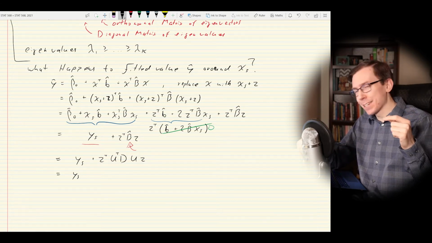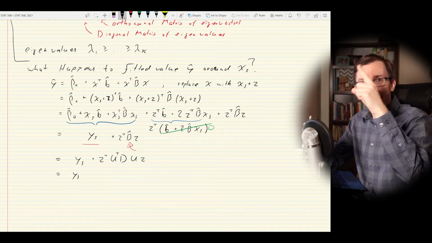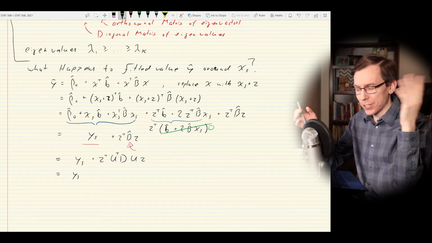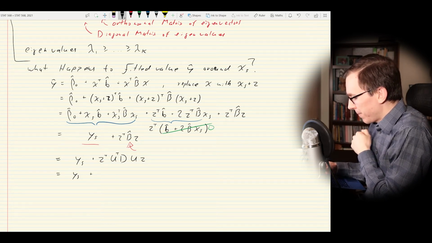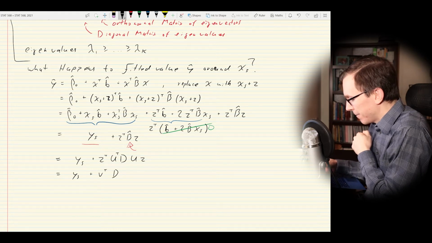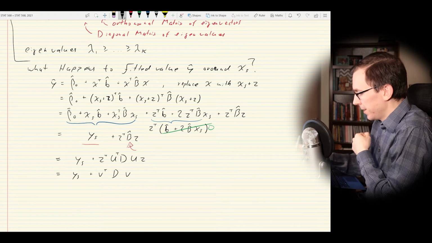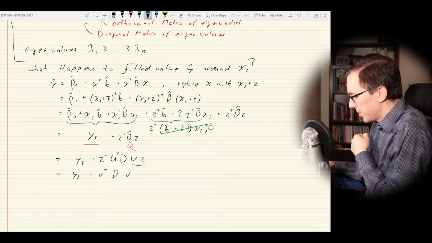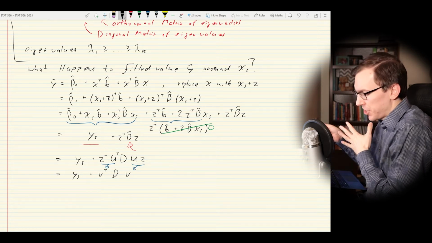So all I'm saying is I had a Z like this, I hit it with that matrix U, and then it rotates to a different position. It's a change in the basis in a sense. But it's not going to matter too much. We're just rotating things. So I'm going to denote that by V transpose and V. I'm just condensing this into a new vector. So again, it's just like a change of basis.